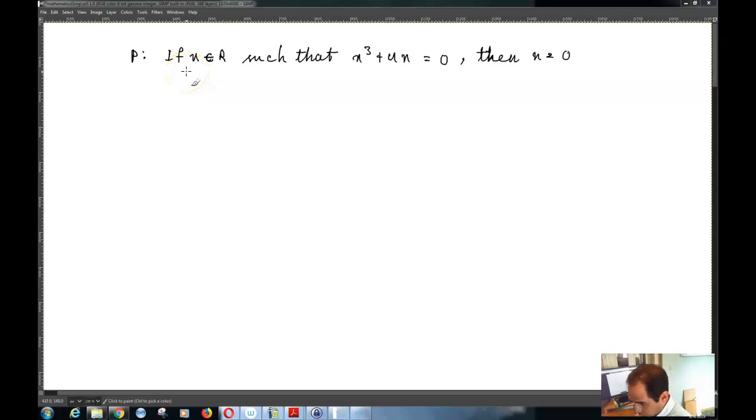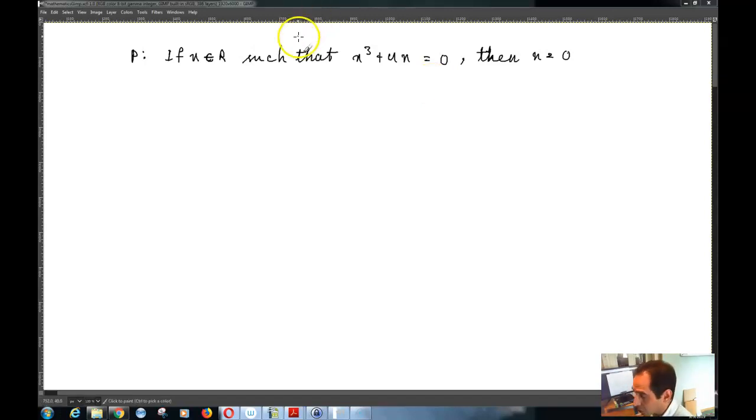So by the method of contradiction, what you want to do is prove that the statement P is true. When you want to use the method of contradiction, you have to use some sort of contradiction.